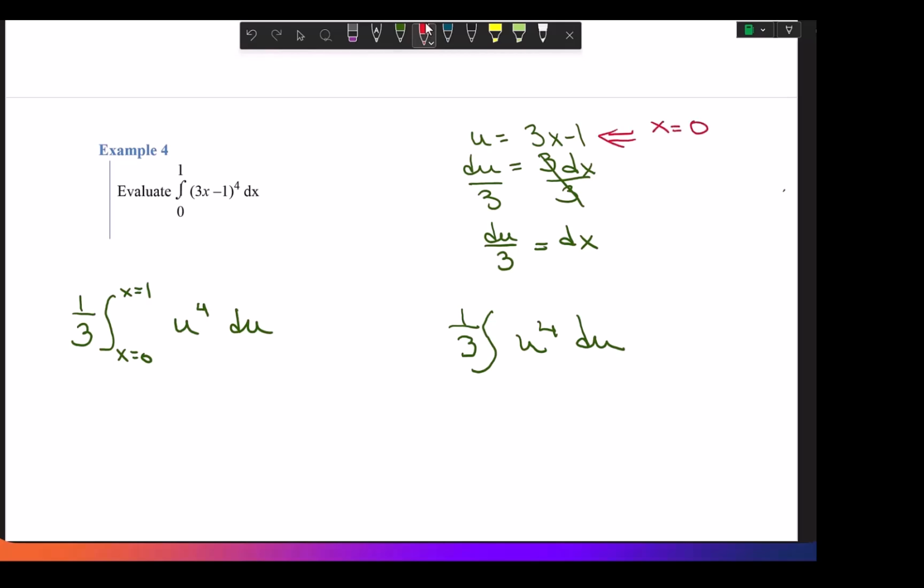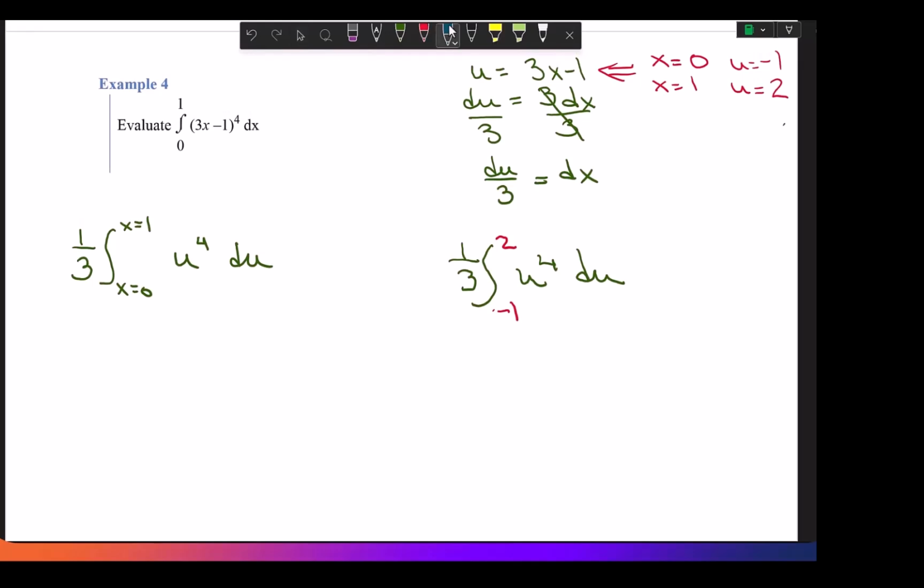When x equals 0, u equals -1. And when x equals 1, u is equal to 2. I just plug it in. So I can change my limits from -1 to 2.